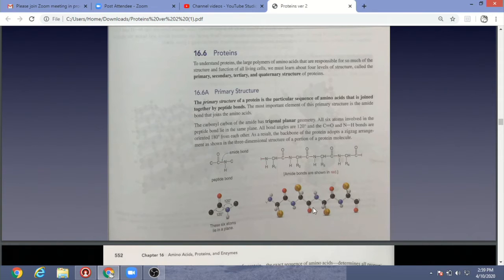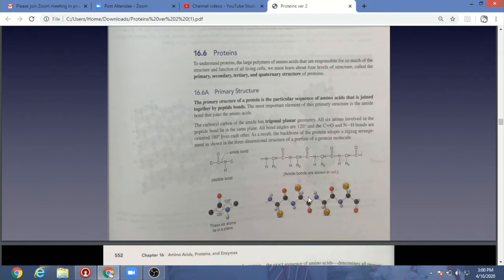And then the R groups of the amino acids will poke up and down like this. They'll be aiming down and then up and then down and then up. And those R groups, remember, are the variable groups of amino acids. These R groups are really going to make an influence on the shape of the protein later on, which we'll talk about.